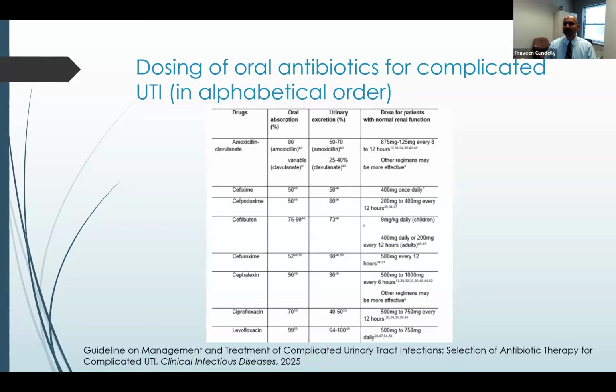One other agent which is commonly used is methenamine hippurate. Again, the data on this is highly variable. A lot of urologists recommend it. The way it works is it's not an antibiotic, it's basically an antiseptic. Once we take methenamine, in the bladder, in the presence of acidic pH, it's broken down into formaldehyde.